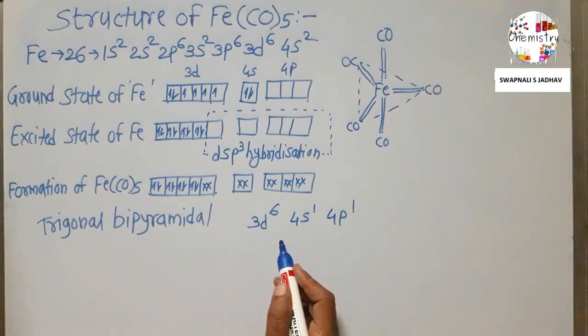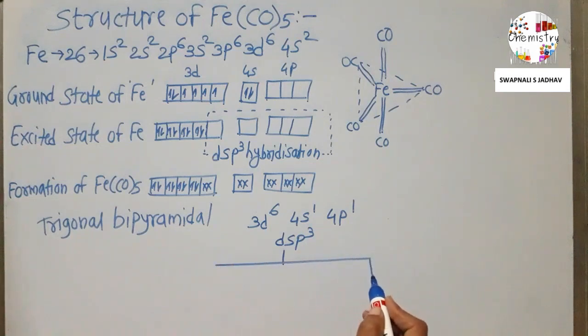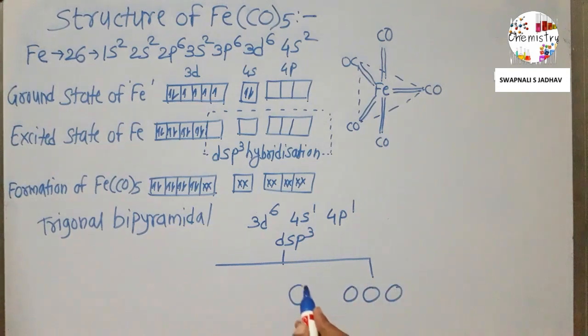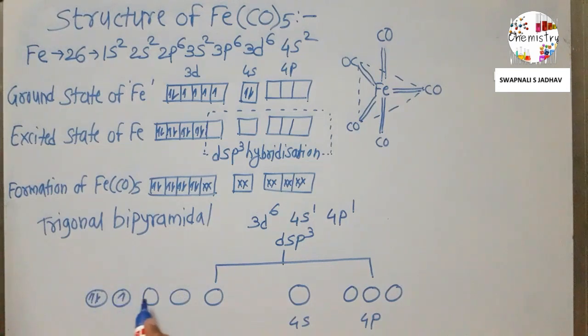So the dsp3 configuration, how can it be written? 1 2 3. Okay, this is 4s, 4p and d, 5. Okay, 1 2 3, this one 4s1 and 4p1, that is 3d.